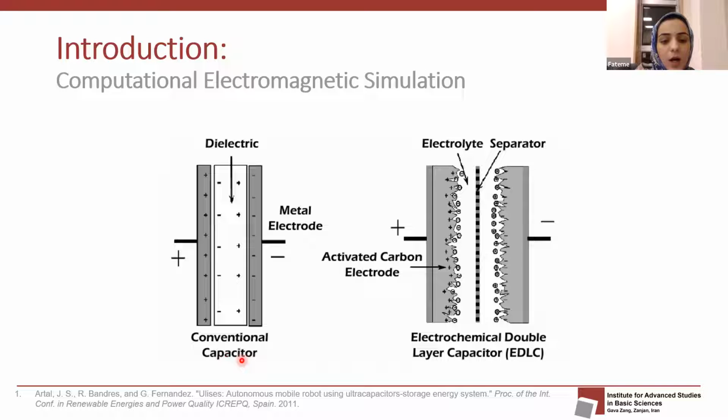But we have supercapacitors that have porous conductive plates, and with these porous conductive plates, we can have more charged particles between these plates. Whenever we have more charged particles, we have more potential, and we can have more energy storage.